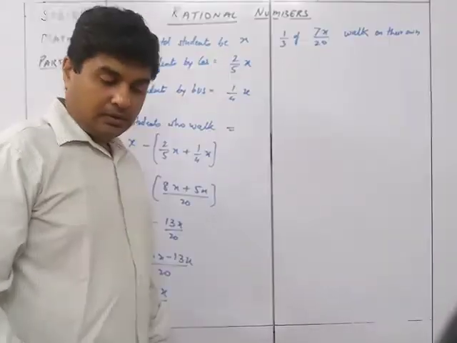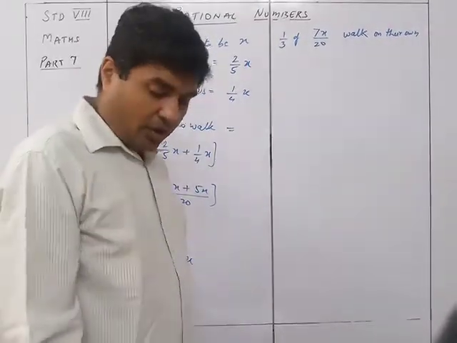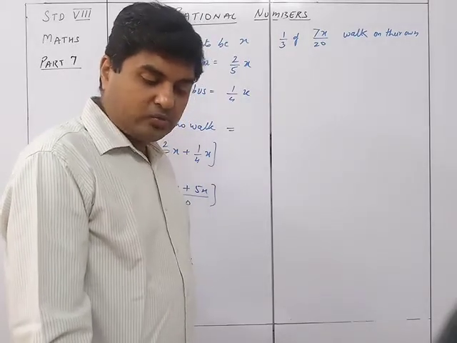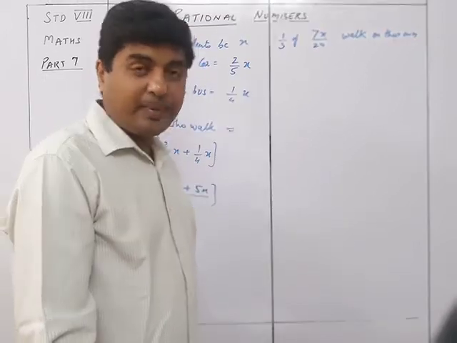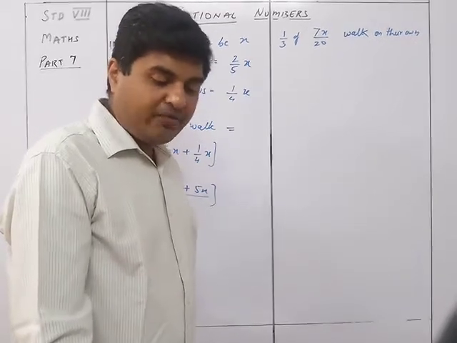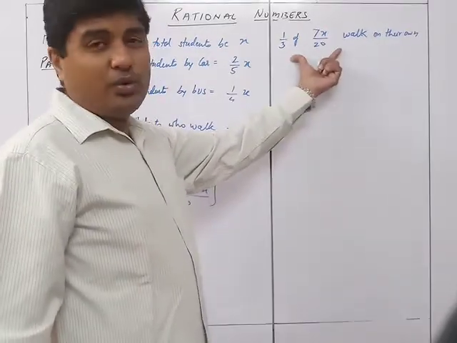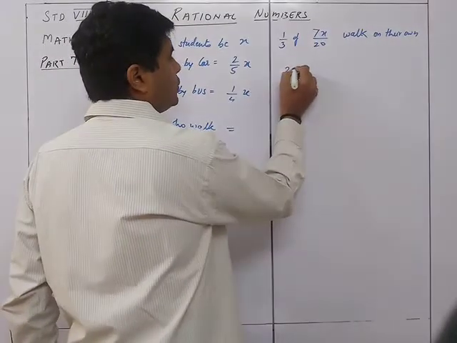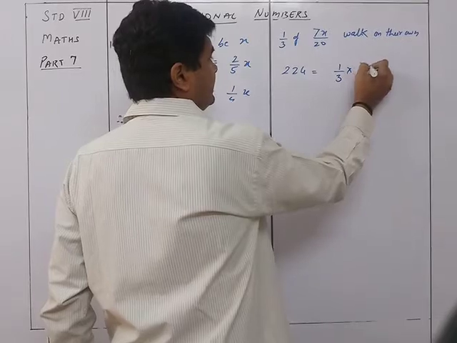They are given that 1/3 of all the students walk to school, of which 1/3 walk on their own and the rest are escorted by the parents. If 224 students come to school walking on their own, that means this value is given to you as 224. So I can write over here that 224 is equal to 1 upon 3 into 7x upon 20.